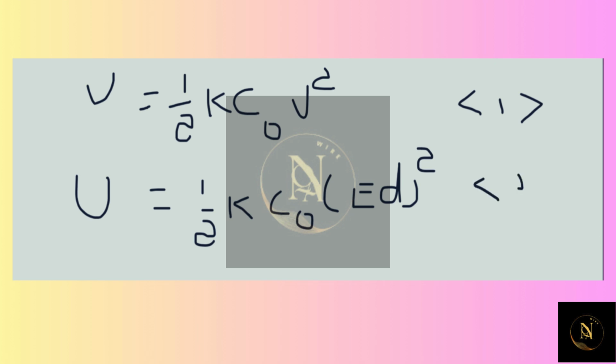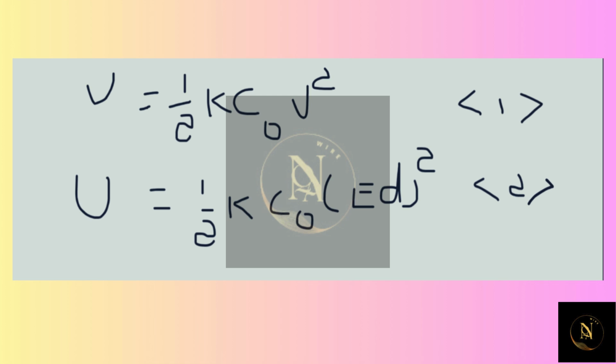Let's say equation number 2, where the term K C0 represents the capacitance after the dielectric material is inserted.